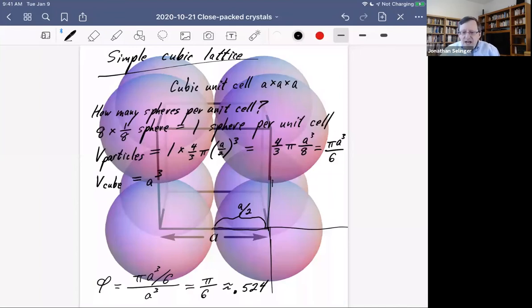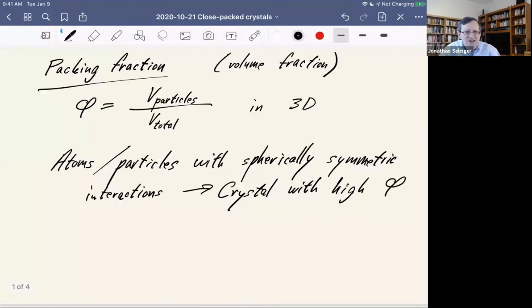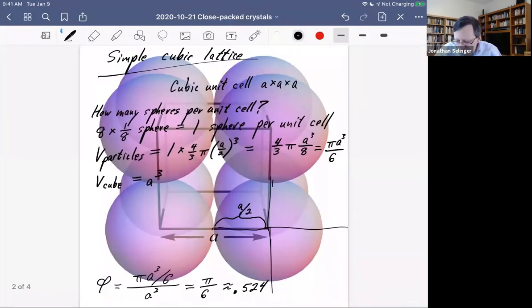So a system of atoms with spherically symmetric interactions like this, that's not likely to form a simple cubic lattice, right? There would need to be some other special features of the interactions that would favor a simple cubic lattice.